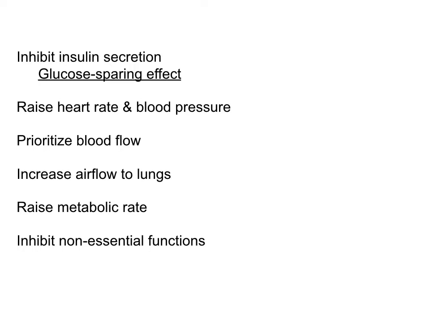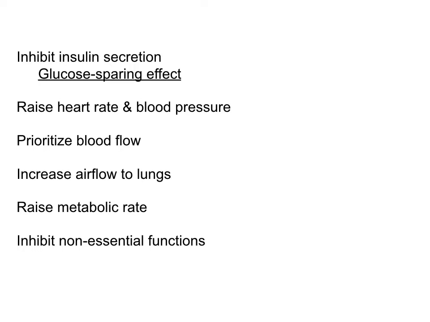Now, this effect is viewed to be glucose sparing because you're sparing the glucose. Your body organs are sparing the glucose and leaving it in your blood and utilizing other fuel sources like fatty acids for ATP.